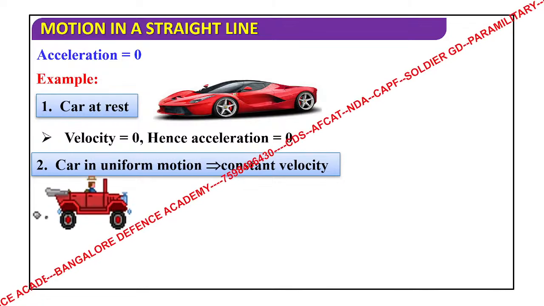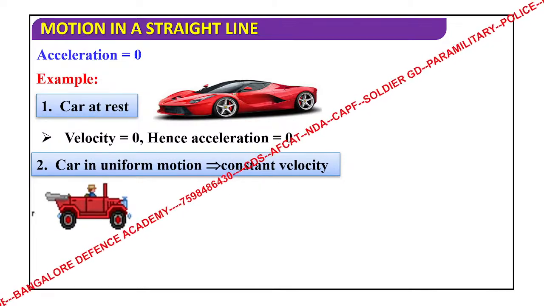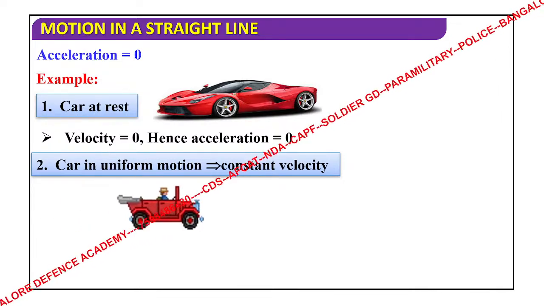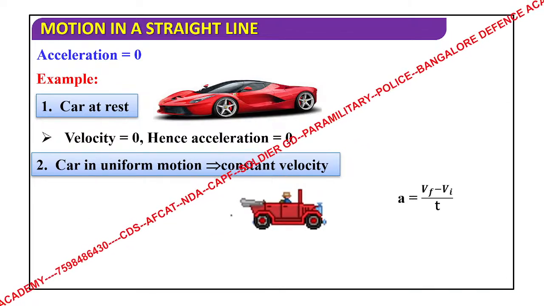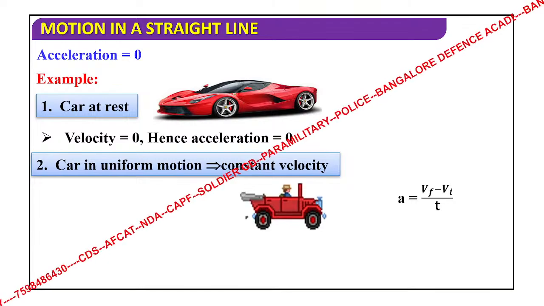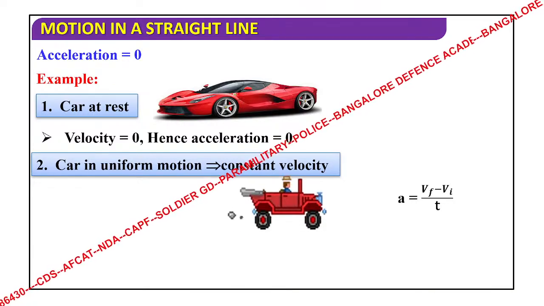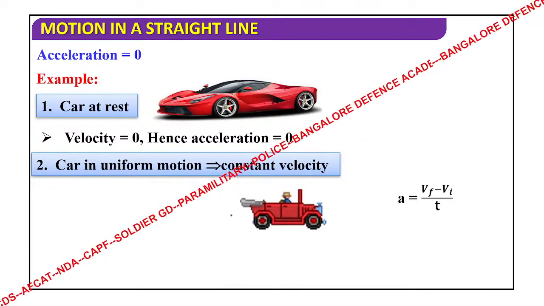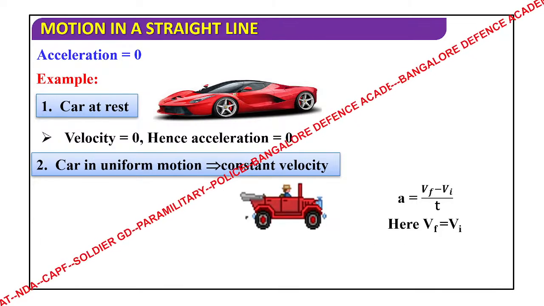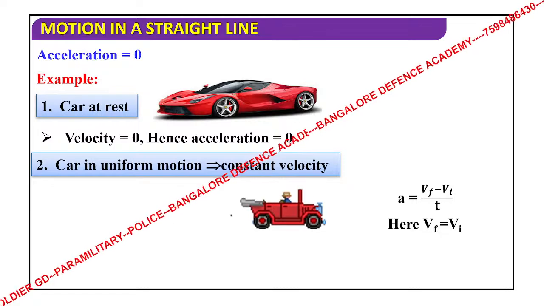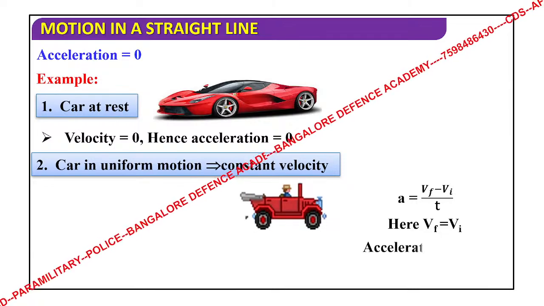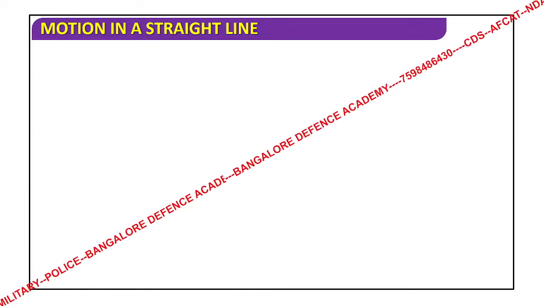Imagine a car moving in uniform motion. I will use the formula: velocity final minus velocity initial divided by time. Here the final velocity was equal to the initial velocity, so that becomes 0, so 0 by t.